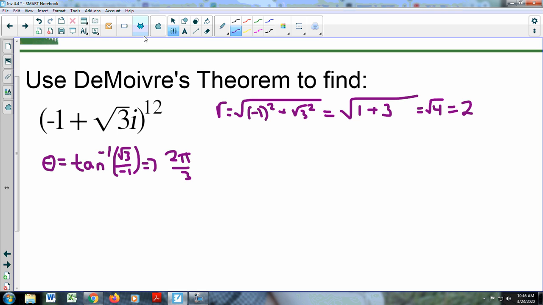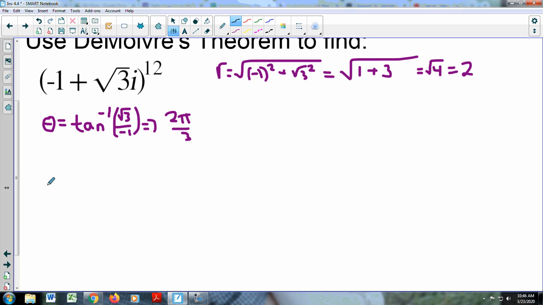Now, that was my scratch work. I can start to think of this problem.